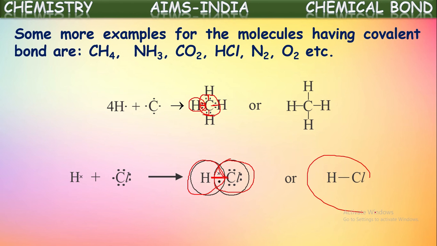Now, HCl is called a covalent compound. Okay. In that way, the chemical bond formed by the mutual sharing of electrons between the atoms is called a covalent bond. In covalent bond formation, each atom contributes one electron and that pair of electrons is shared by both the atoms. That is called covalent bond formation.